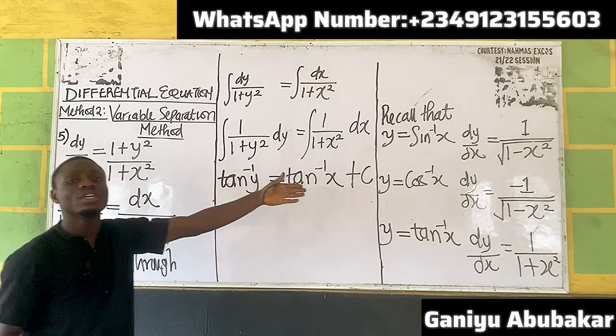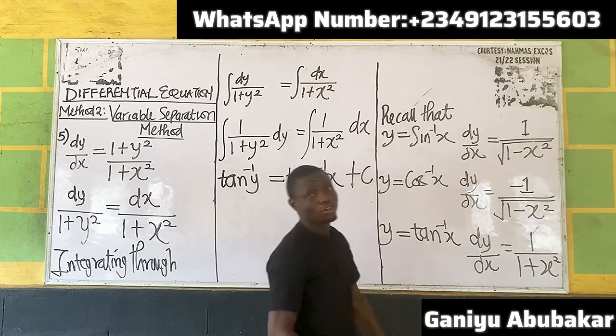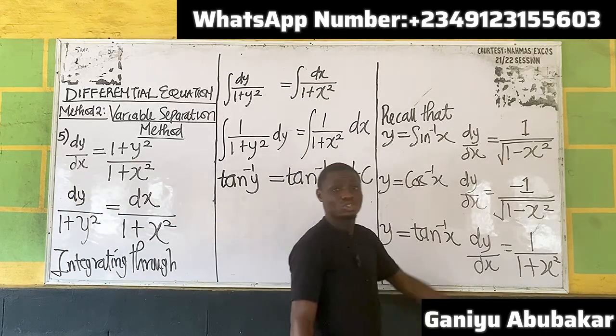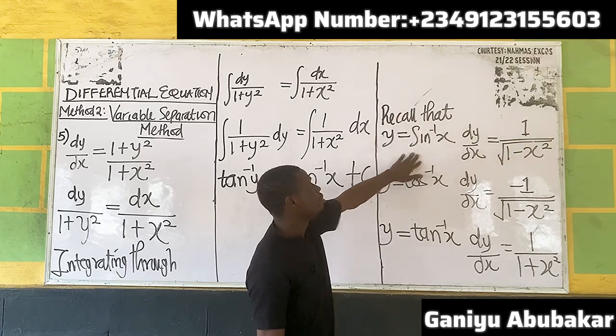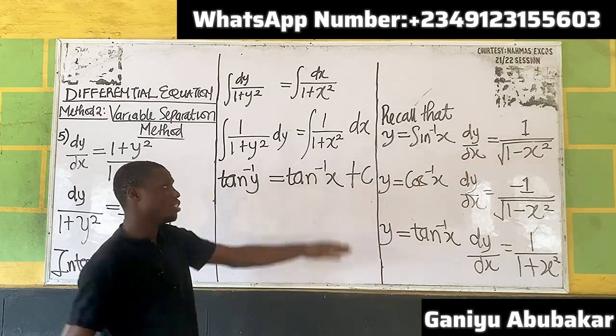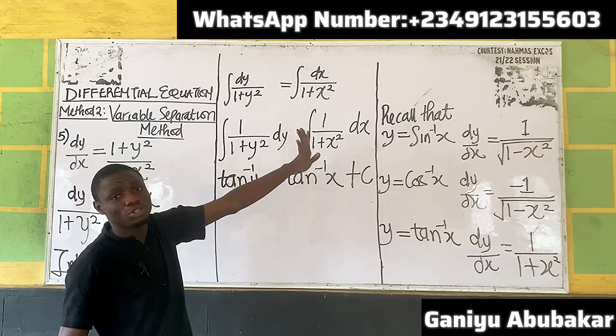Please, this is called the inverse trig function of differentiation. We did this in our previous class of differentiation. Check out my playlist on my channel; you'll see differentiation there.